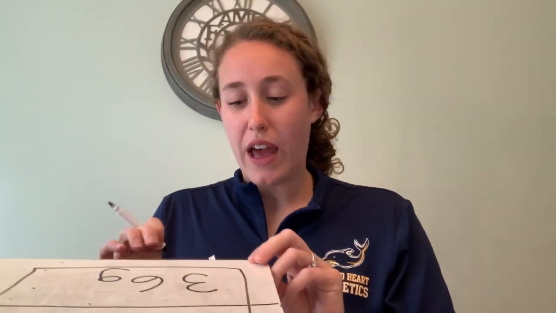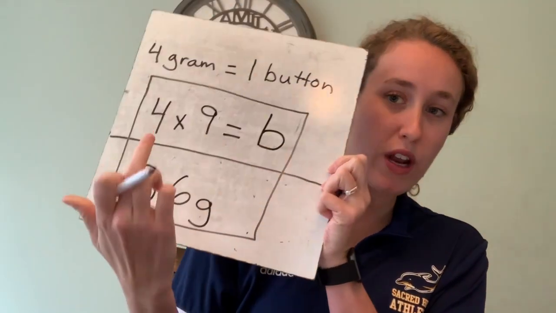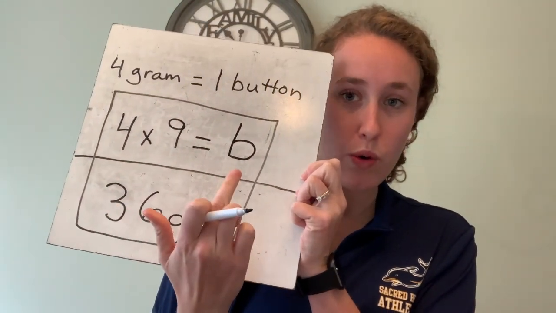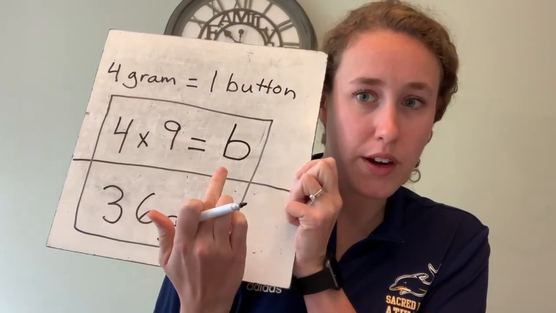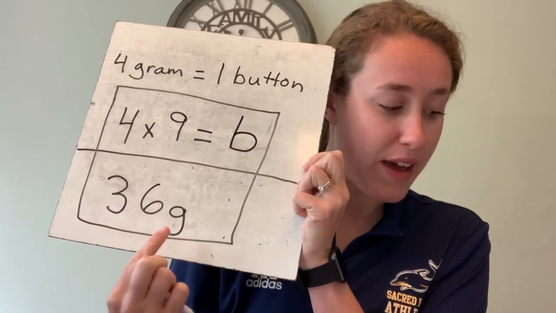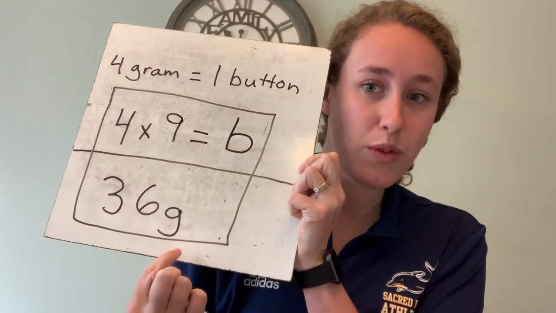We can abbreviate the word grams by just writing a lowercase g. Grams isn't a very long word, but we don't have to write it out all the time. So I'm putting a box around the 2 things that you should have written on your line. You should have your equation with a letter for our unknown, and then we should have our answer with a label.